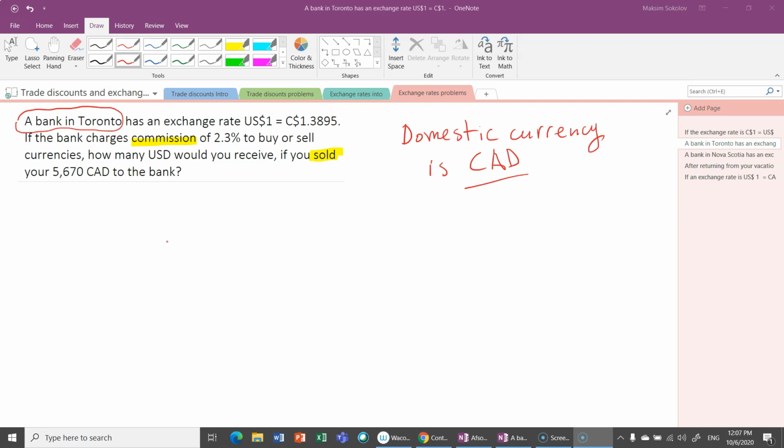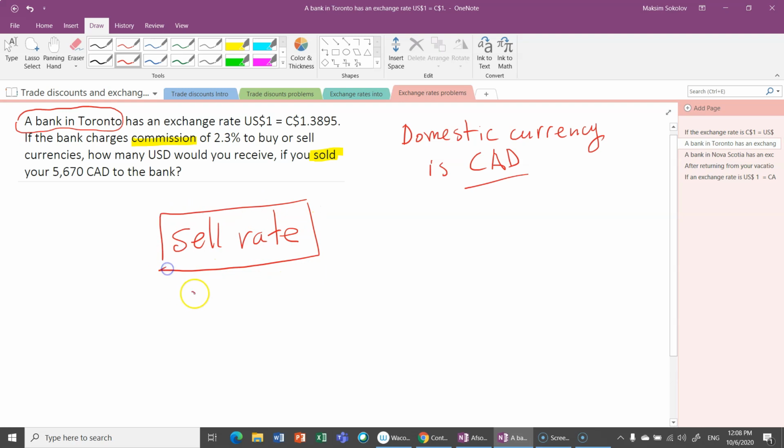They can only sell a foreign currency. So in this transaction, we are talking about sell rate of the bank. So the bank actually sells USD.